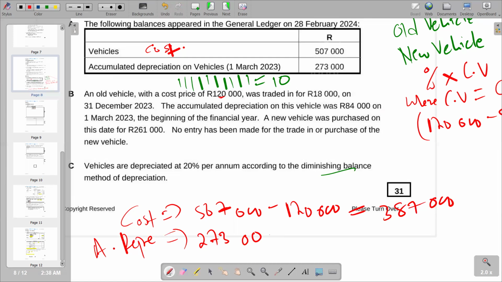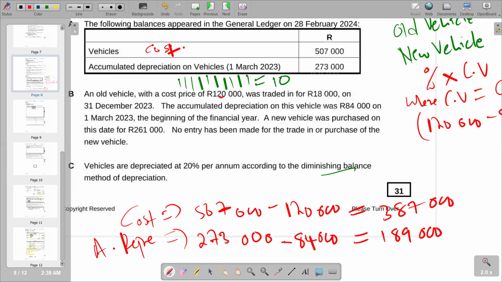Then we subtract the accumulated depreciation that we have for the traded in vehicle, 84,000. And then we get 189,000. Then it means now we have got cost at the beginning without the traded in vehicle and accumulated depreciation at the beginning without the traded in vehicle.